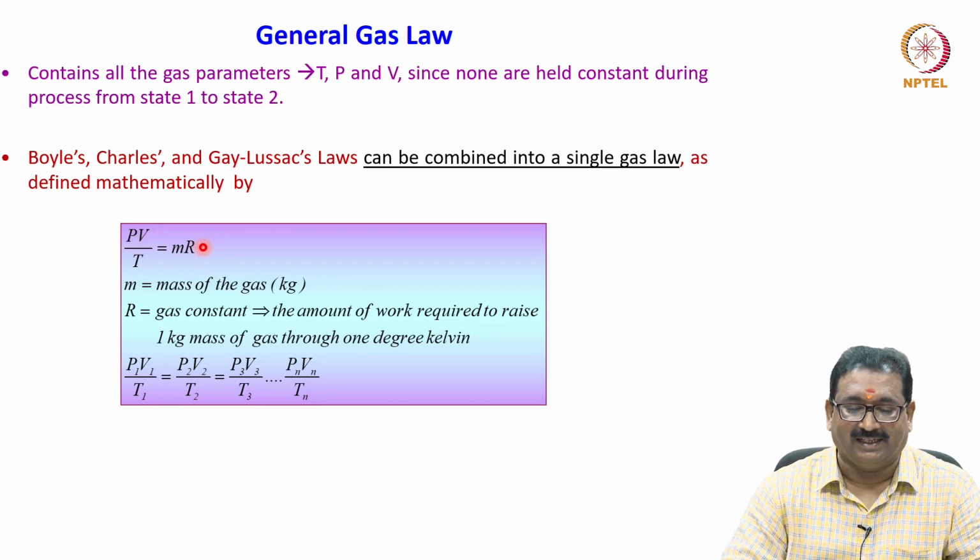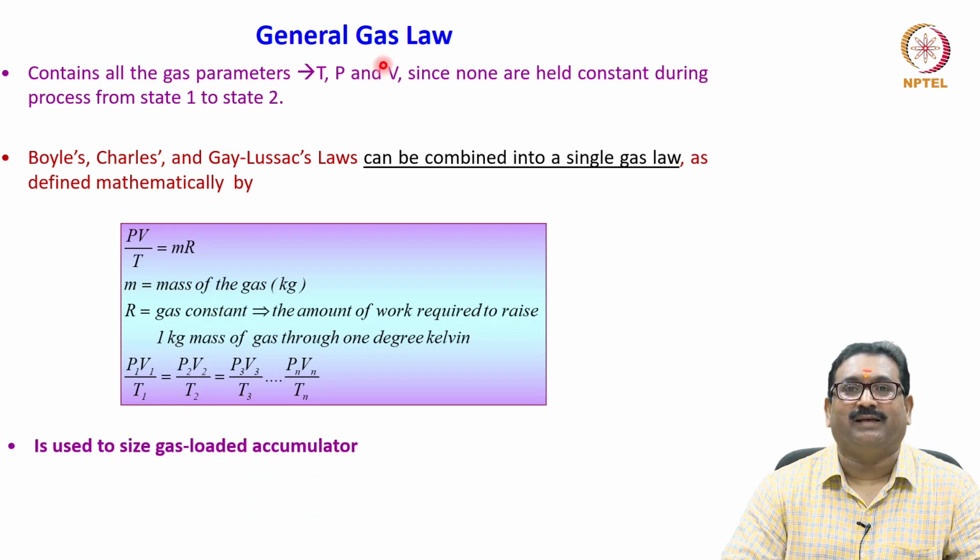Very easy. M is the mass of the gas, R is the gas constant. This is very important to relate all the parameters used in sizing the gas loaded accumulator.